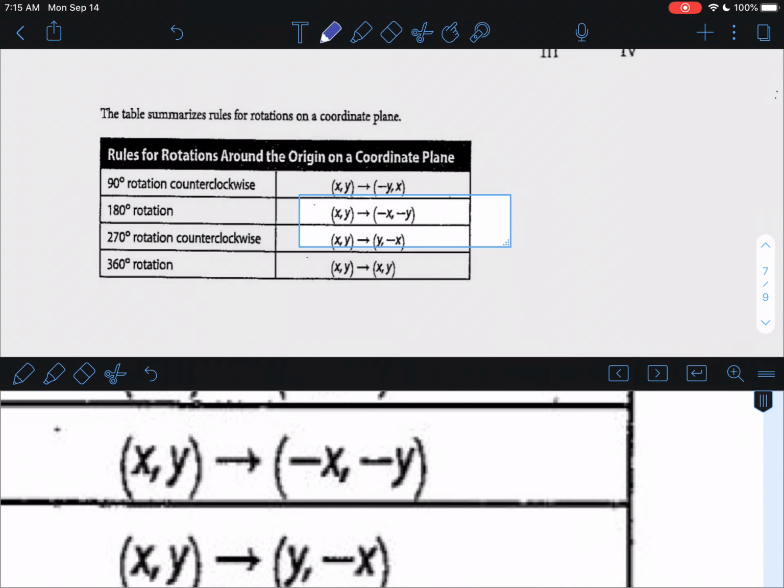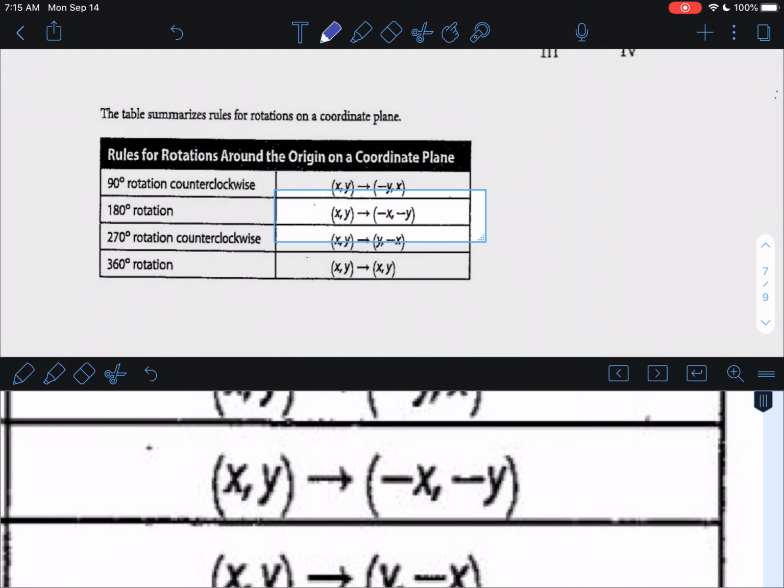A 180-degree rotation is going from x, y to negative x, negative y, which is also the exact same thing as a reflection about the line y equals negative x, as we learned.